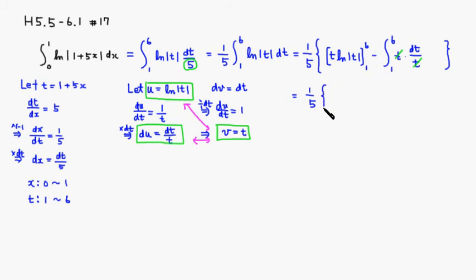If you plug in 6 here, you have 6 natural log of 6, minus plugging in 1, 1 times natural log of 1, minus, this is just 1 and its antiderivative is t, going from 1 to 6.